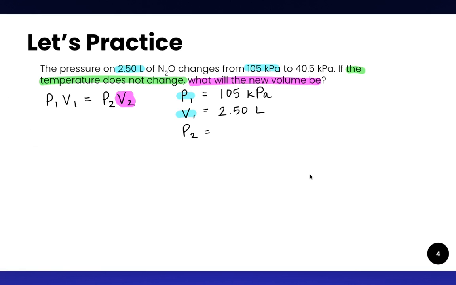And the final pressure is 40.5 kilopascals. So in this case, the pressure decreased, so I will be expecting the volume to increase. We have all that we need, so we can plug everything into our equation.